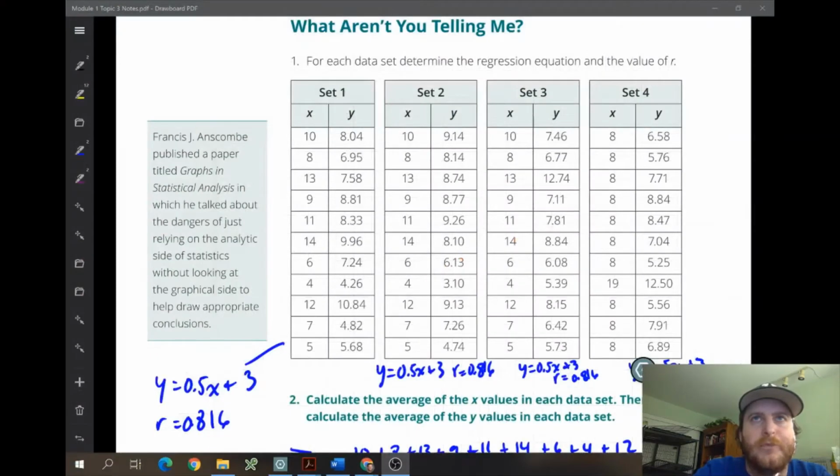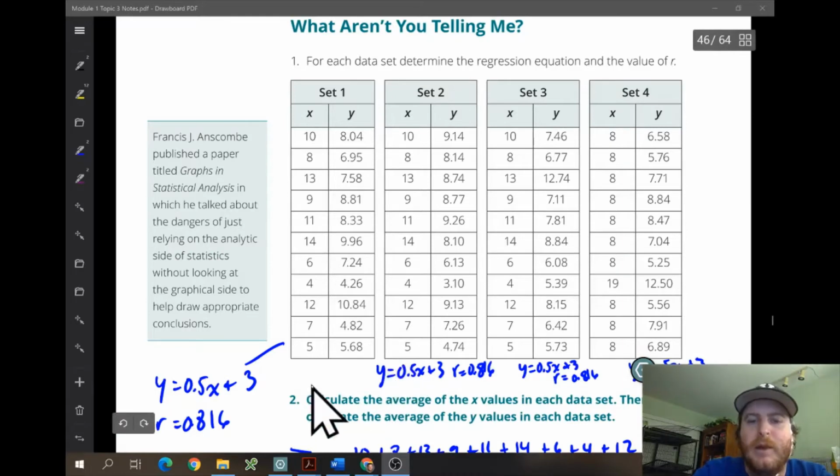And so we want to think about that. And this mathematician, Francis Anscombe, he made a suggestion. He said it's very, very dangerous to only rely on the analytic sides of statistics without actually looking at our graphs. If all we looked at was y equals 0.5x plus 3 and r equals 0.816, we would think that these data sets are all the same. But when we look at the graphs, they actually look very, very different.